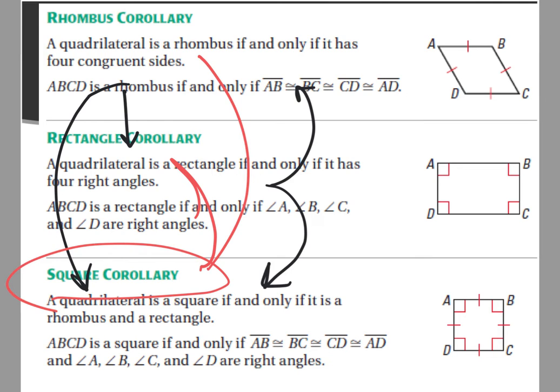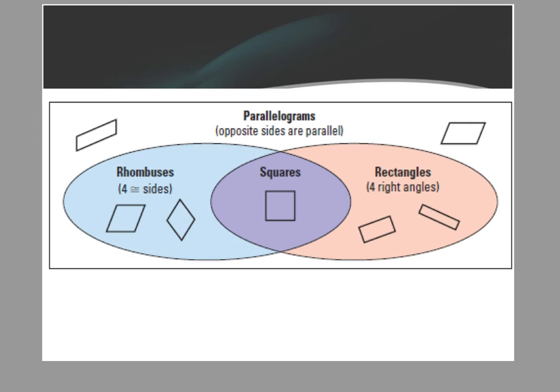Okay, so pausing. This is a Venn diagram if you need the visual on it. In the big box are the parallelograms. If we even went out further, we could say quadrilaterals, because within the quadrilateral is the parallelogram. Parallelograms just have to have 2 pairs of parallel sides.